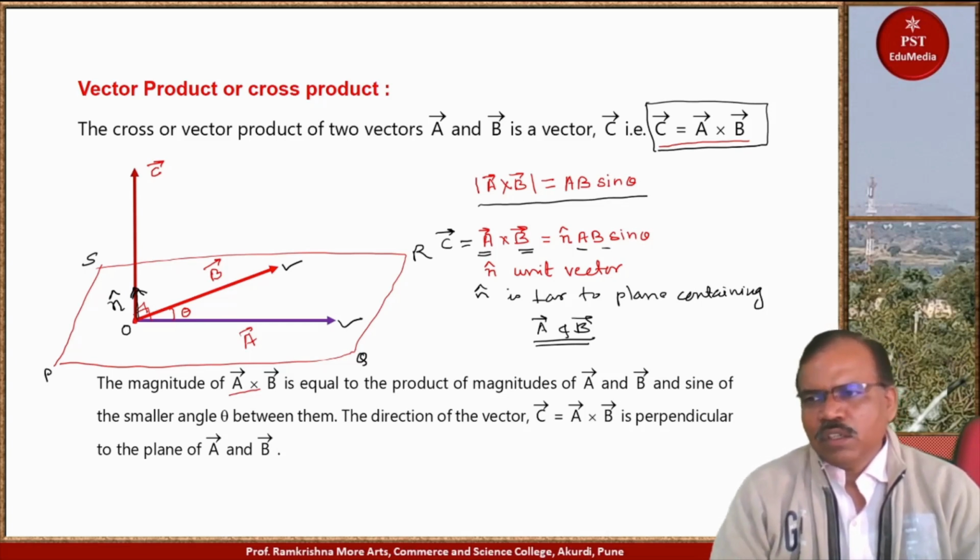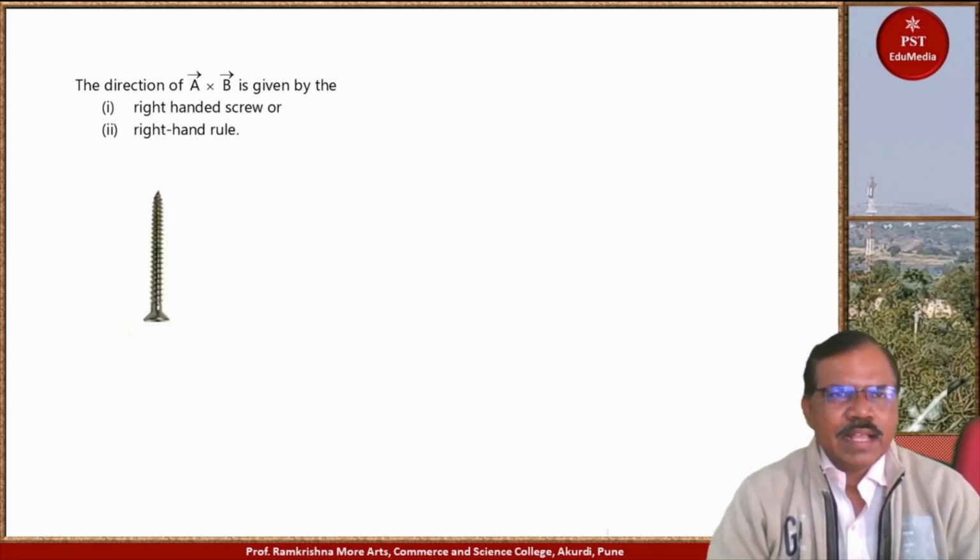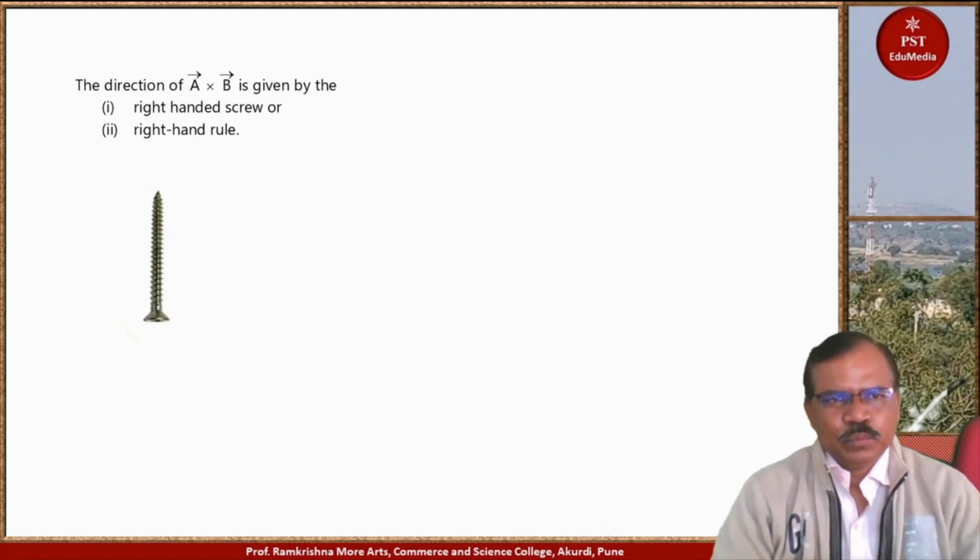Now the direction of A cross B is given by the right-handed screw rule or right hand rule. So suppose this is a screw, it is directed upwards.